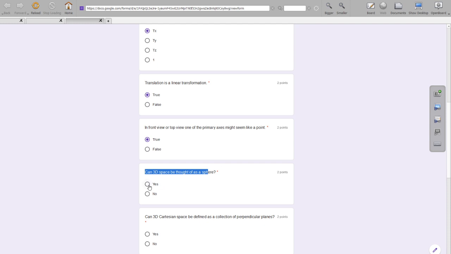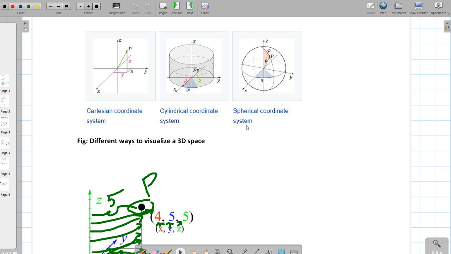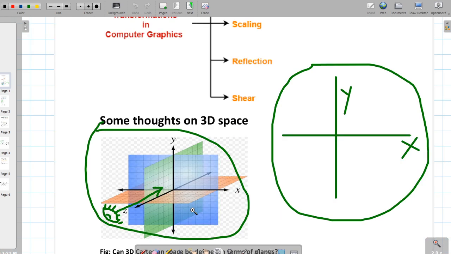The answer is yes. Can 3D Cartesian space be defined as a collection of perpendicular planes? If you can remember this example, you can find that a 3D Cartesian space can be represented as a collection of perpendicular planes.